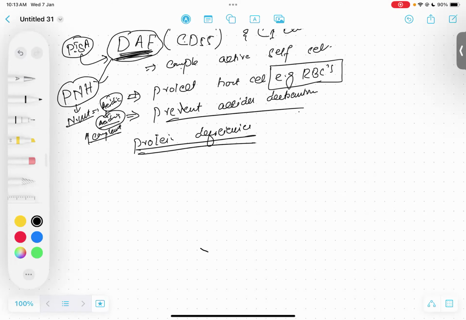Complement protein deficiencies: early complement deficiency, so these are C1 to C4.